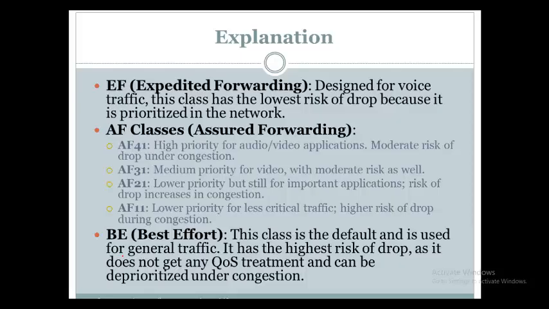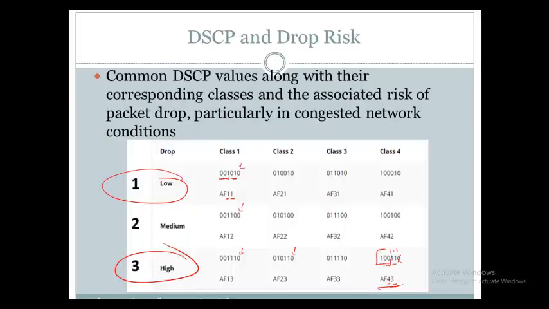This is the table of EF, assured forwarding: common DSCP values along with their corresponding classes. This is all common, by default prescribed by the standard.